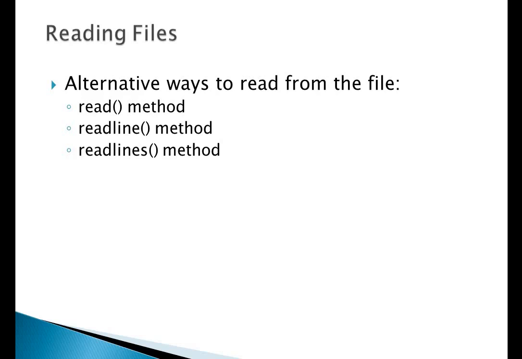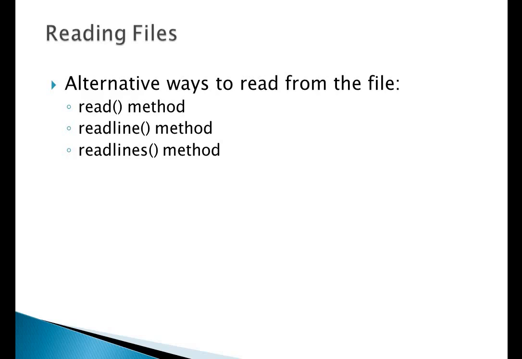We have seen two versions of read. The first version accepts nothing, and the second version accepts the number of bytes that you want to read from the file. If you mention count as 10, then the first 10 bytes will be read using the read function.